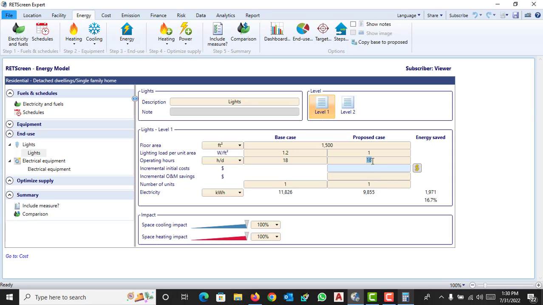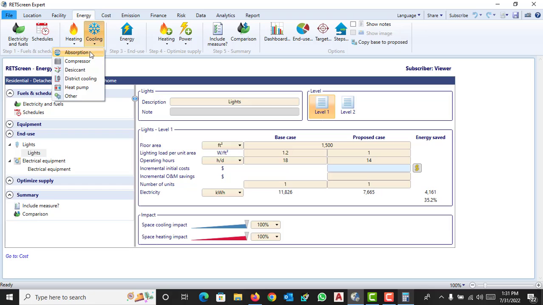And you can also reduce the operating hours. You can control the lights with some good quality control or automation. If the lights are on for 14 hours instead, you can reduce the energy consumption even more. So this is the summary of the software.